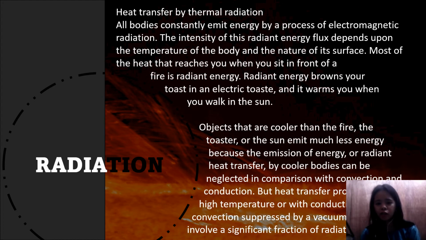Radiant energy browns your bread in an electric toaster, and it warms you when you walk in the sun. Objects that are cooler than the fire, the toaster or the sun emit much less energy, so radiant heat transfer by cooler bodies is small compared to convection and conduction. Heat transfer processes at high temperature, or with conduction and convection suppressed by a vacuum, involve a significant fraction of radiation.